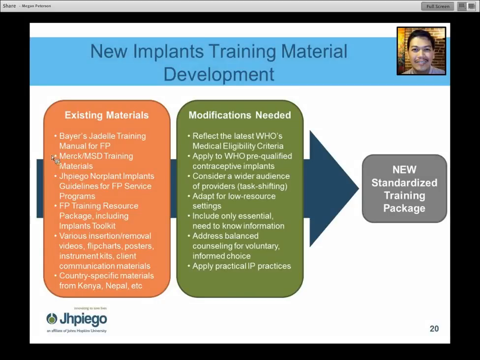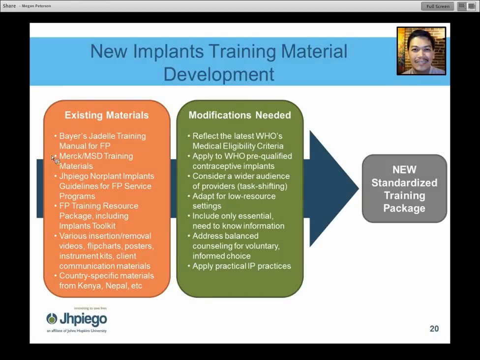And then, of course, infection prevention practices is a critical element as a cross-cutting issue in what we're doing. So the process also included not only our reviewing, but also a review by other experts and getting their feedback. And the result is what you are seeing right now, which is a new standardized training package.